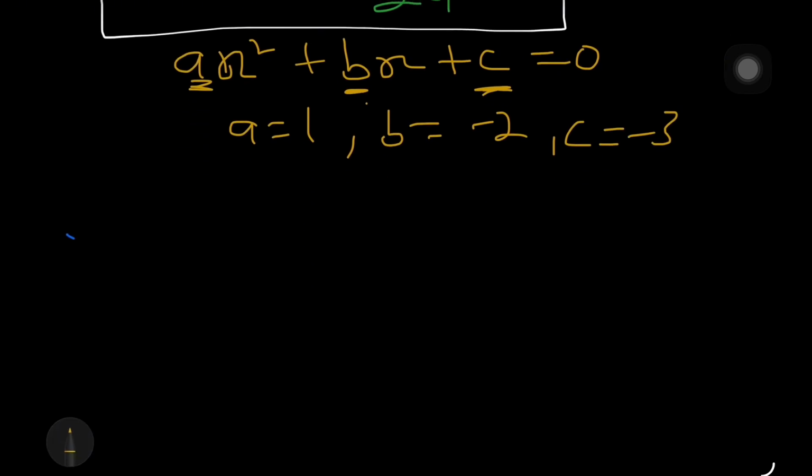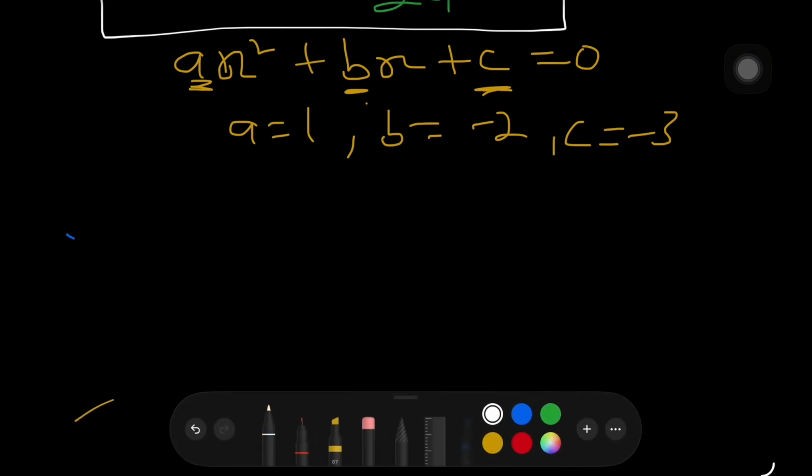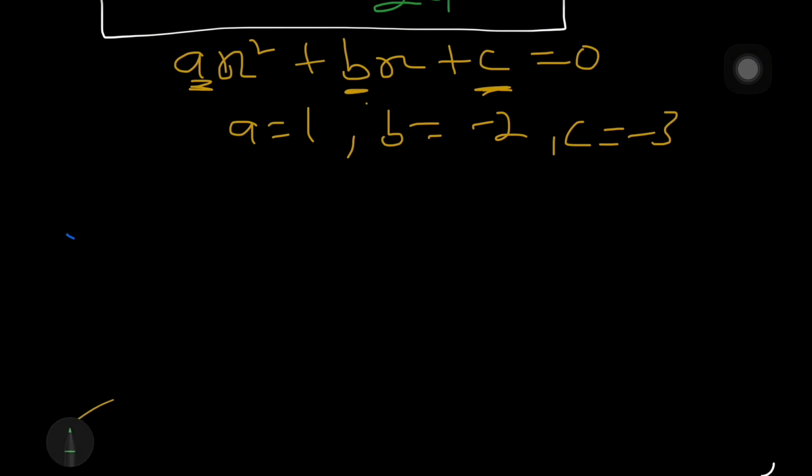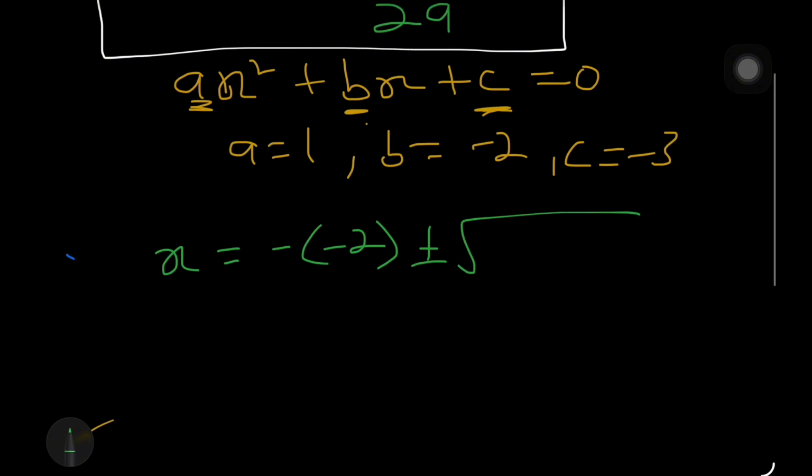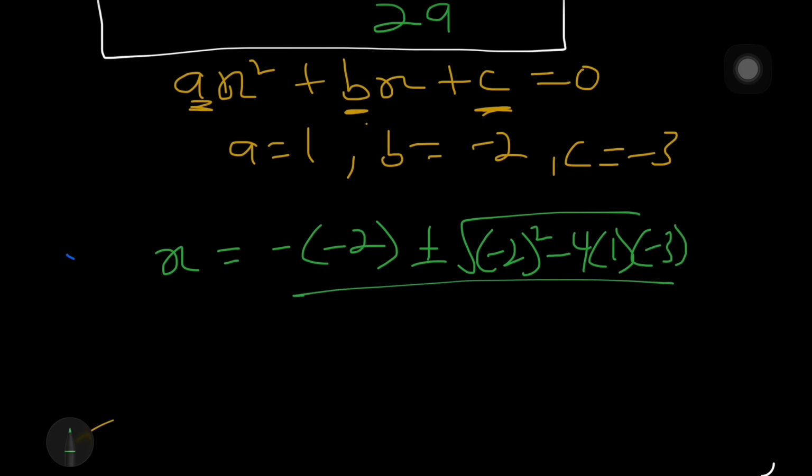Alright, so after that, we just have to substitute these values into the formula. So x is going to be equal to minus b, so negative 2, plus or minus square root of b squared, negative 2 squared, minus 4ac, so a is 1, c is negative 3, all over 2a.